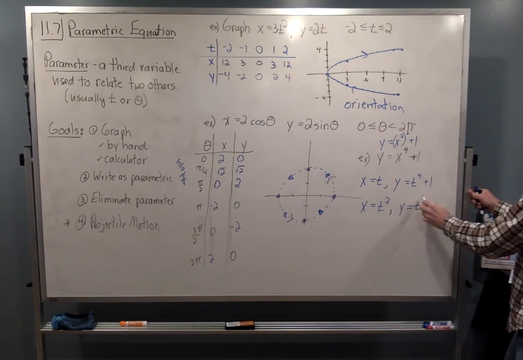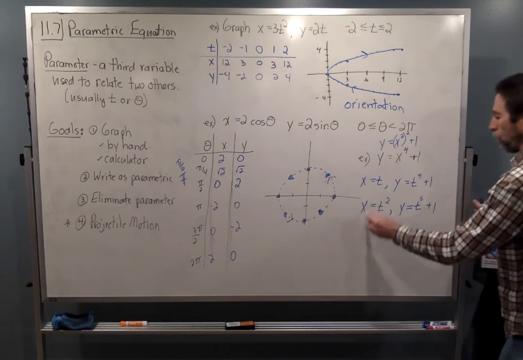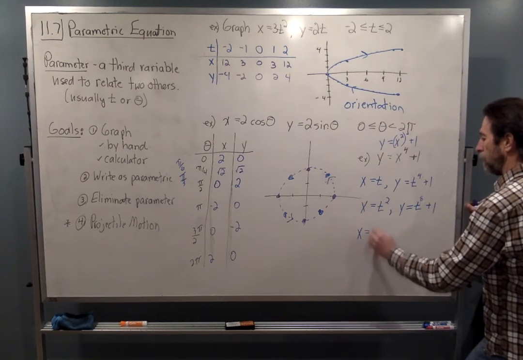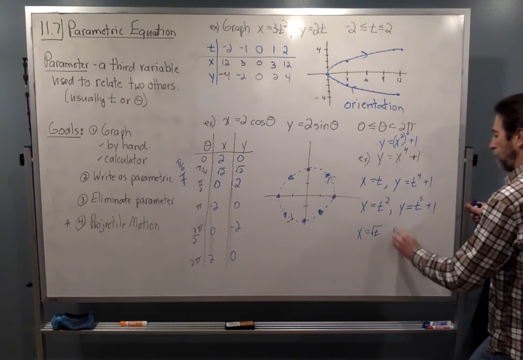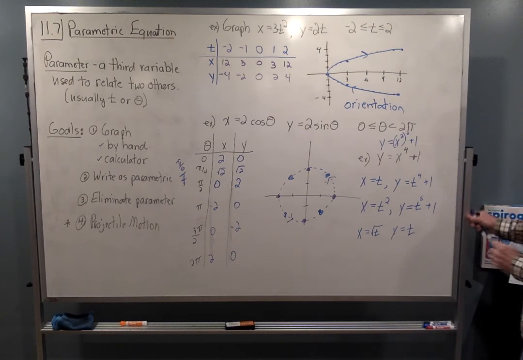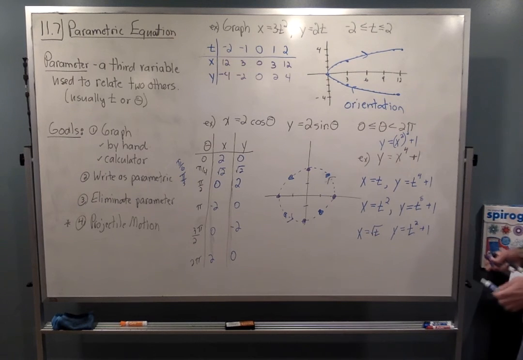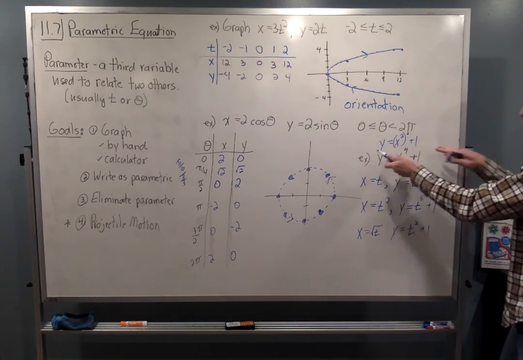You notice that if x is t squared, y would have to be t to the 8th plus 1. We could say x is the square root of t. And then y is going to be basically t, we make that substitution, squared plus 1. So, different ways to go about this, but that's not something we tend to do.